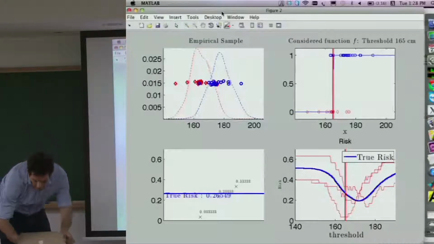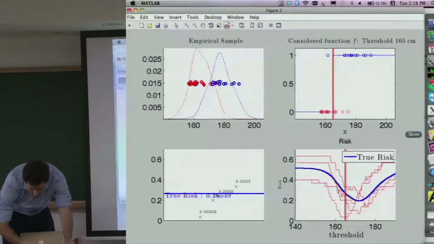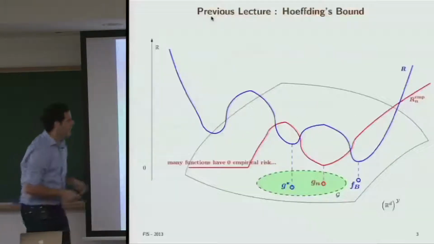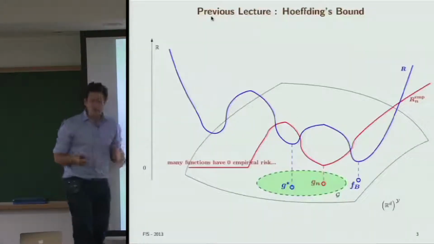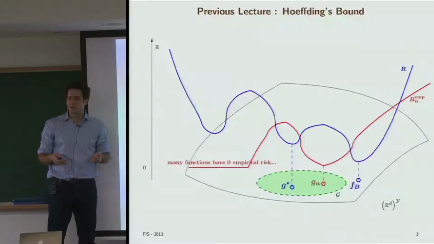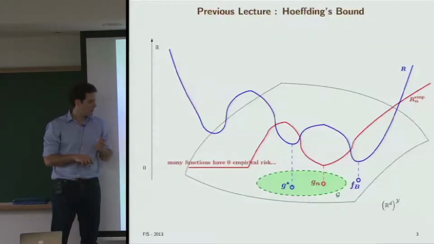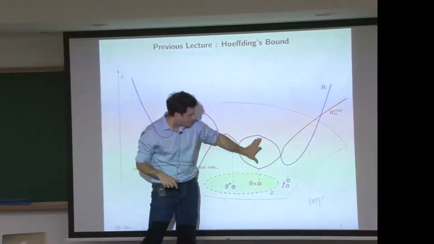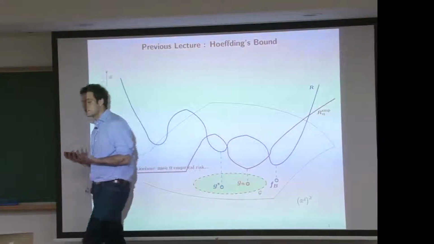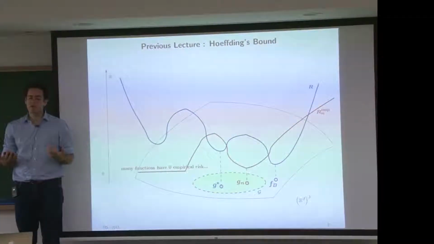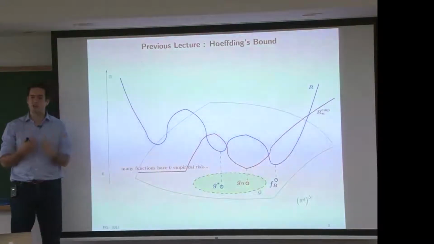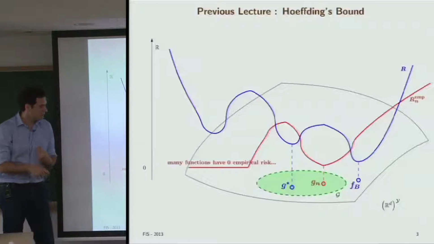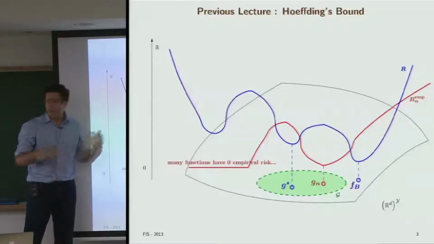Let me go back now to the picture. However, we cannot use Hoeffding's bound directly on the minimum of one sample to say that this gap here is small, because this is a contradiction. Hoeffding's bound works when you have set the function before, and then you see samples arriving randomly. Here, we have one sample.